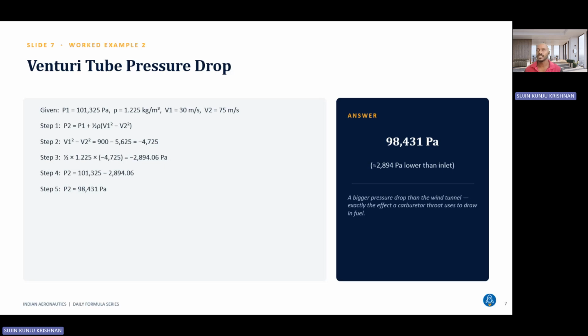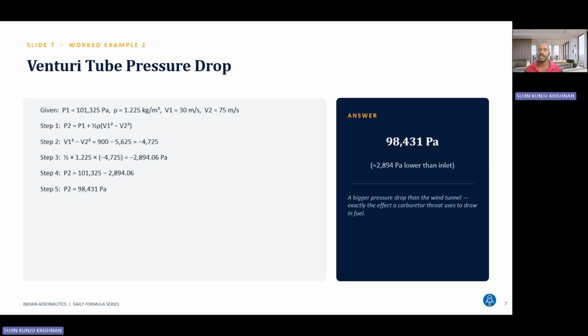Using the same rearranged formula, P2 equals P1 plus 1/2 rho times (V1 squared minus V2 squared). V1 squared is 900, V2 squared is 5,625. So the difference is negative 4,725.